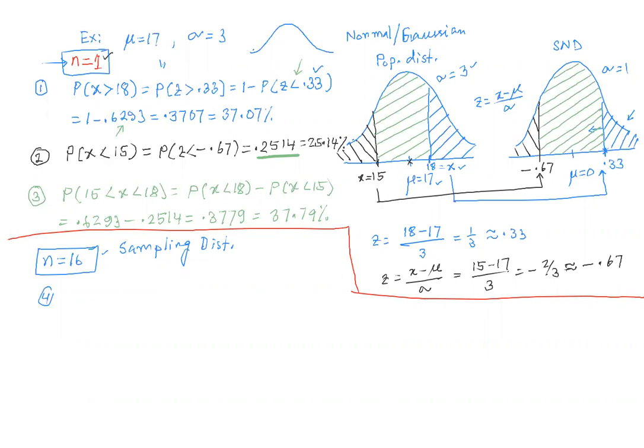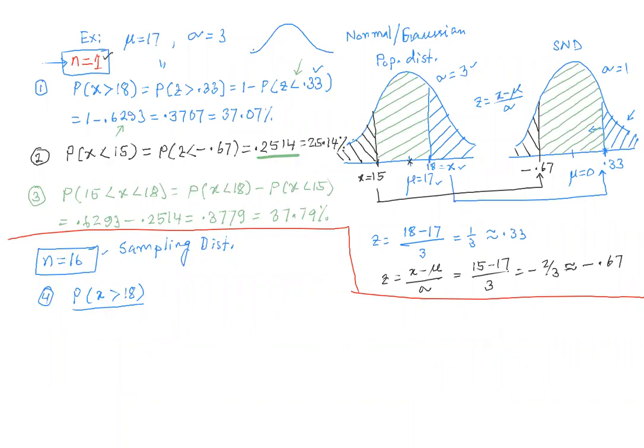So number 4, find the probability that X is greater than 18. Now, as I said before, I made a mistake here on purpose. What is the mistake? Does anybody see what the mistake is? It's supposed to be X bar, the probability of X bar.